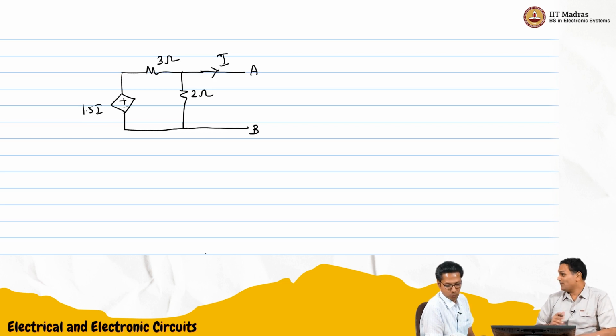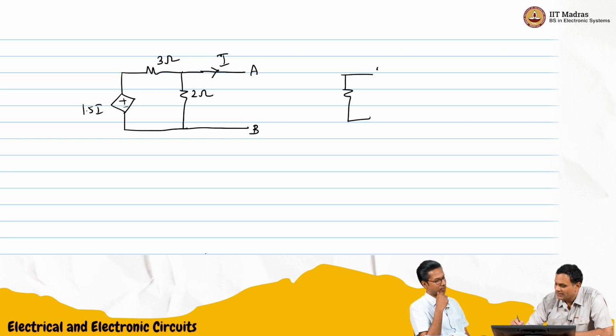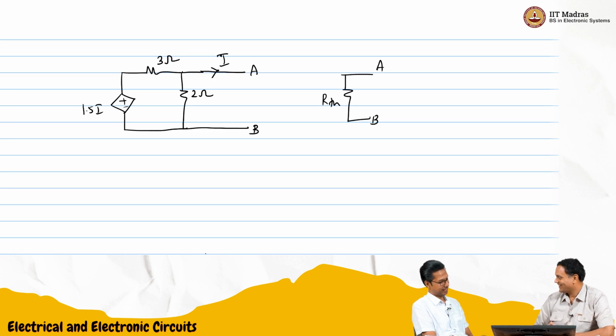This is going to be hard, right? We are used to problems where you just use series parallel and find RTH. Now what will I do? One way, we have actually seen this in the previous course. If you have an equivalent resistance RTH across AB, there are many different ways to measure it.